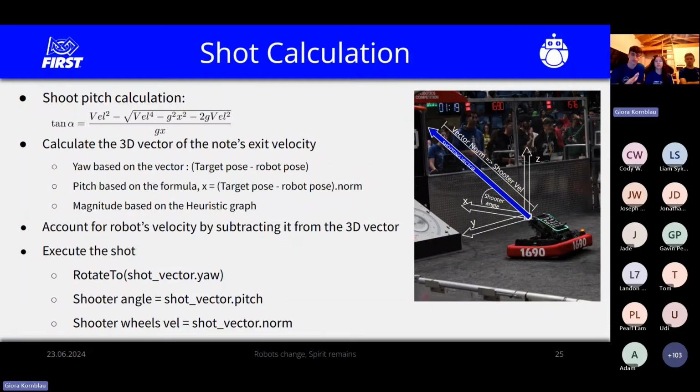And we are asking the wheels to go to the shooting vector's norm, so the velocity to be the norm of the 3D vector.